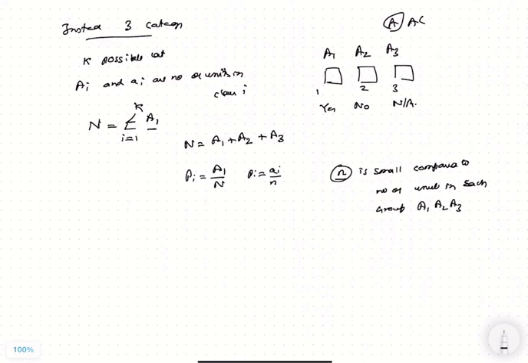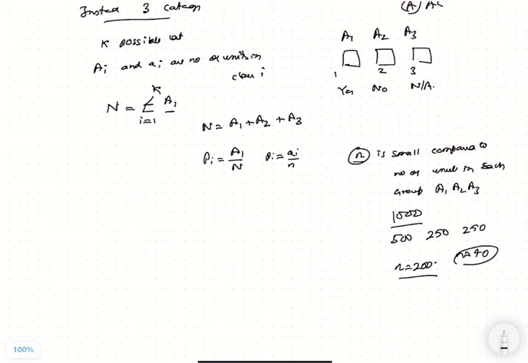So for example, you have a total population of 1000, and out of this population A1 is 500, A2 is 250 and A3 is 250. If you take a sample n of 250, then this normal approximation will not work. But if n you are taking as 40, then you can use a normal approximation to get the confidence interval.